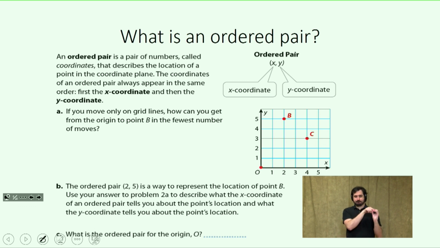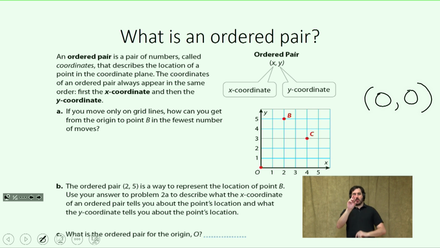Our origin is right here at 0. And since it's the 0 for X and the 0 for Y, the origin is labeled like this. That's the origin. That's where we originally start.